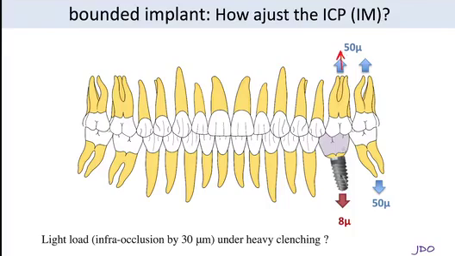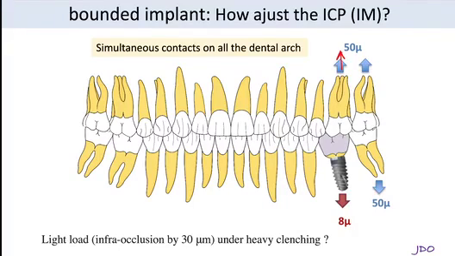So when you have a single implant against a natural tooth, you have to organize simultaneous contact on all the dental arch without the clearance of 30 microns. No interest.